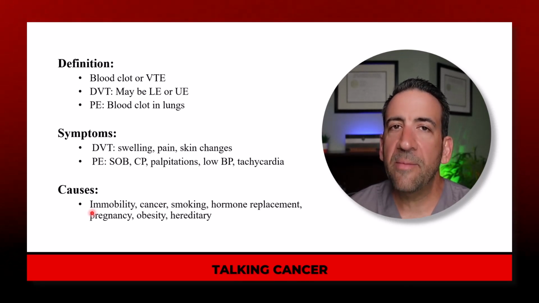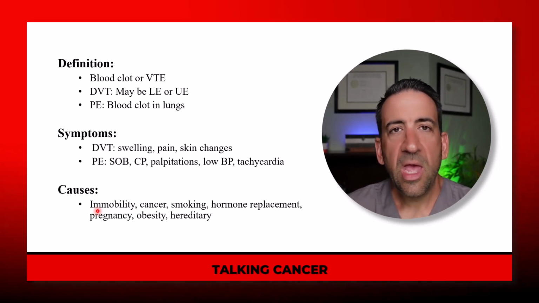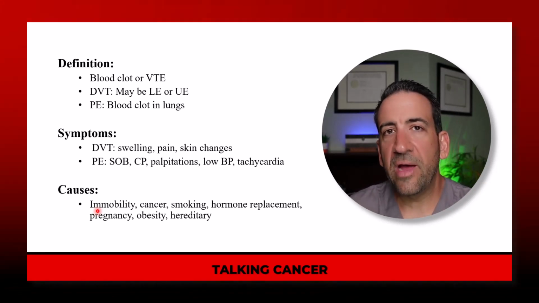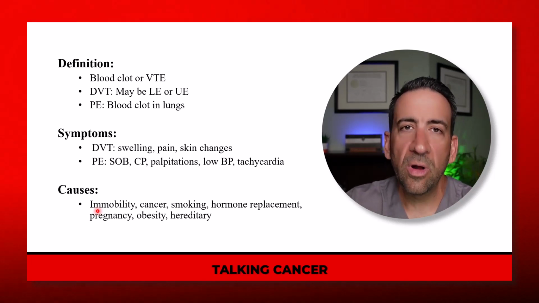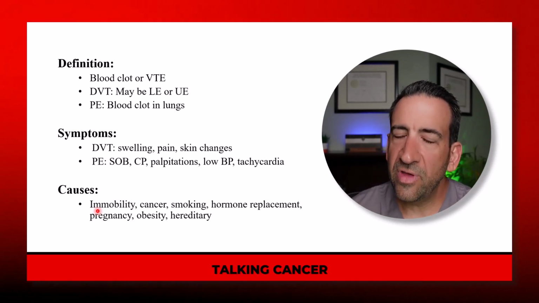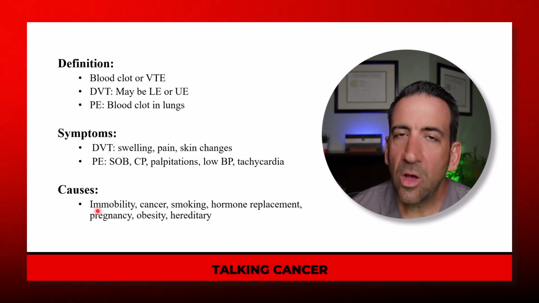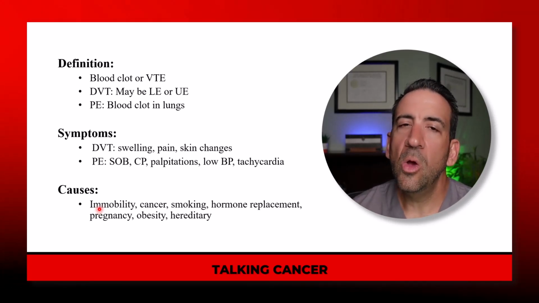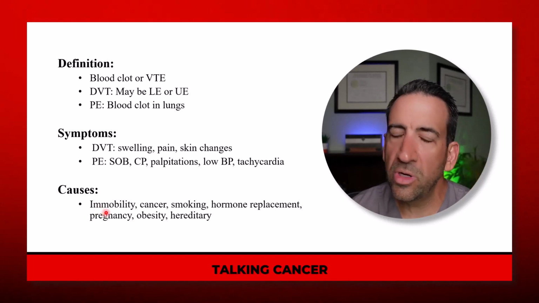As an example, let's say you fell and you sustained a hip fracture and you're in bed. That's a risk factor. A long plane trip or a long car ride, let's say a 10-hour plane trip, will increase immobility. If you're ill and you're in bed, all these causes of immobility will increase your risk of blood clots. Very important, it's the number one cause.